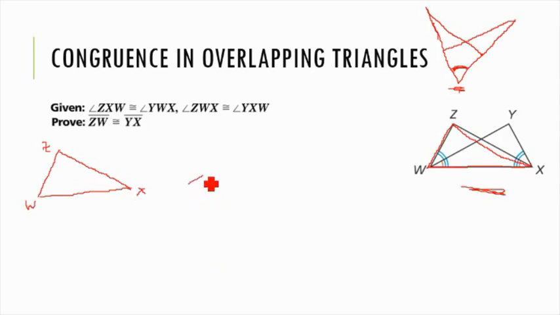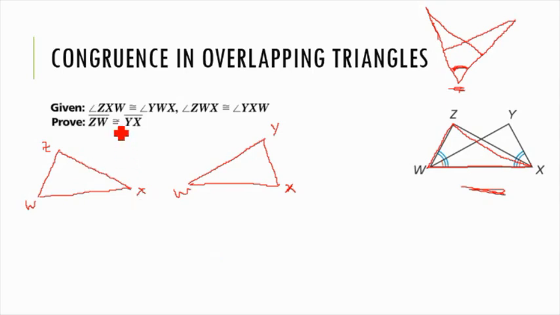And then we have triangle YWX. And it's important to draw them separately so that we can see them as two separate triangles instead of one figure.